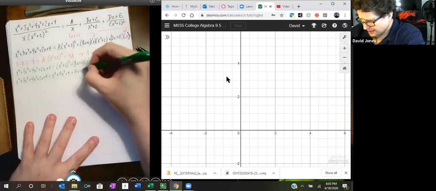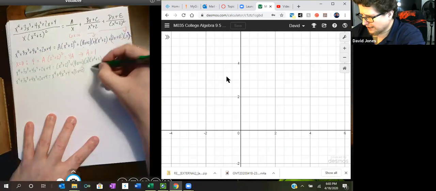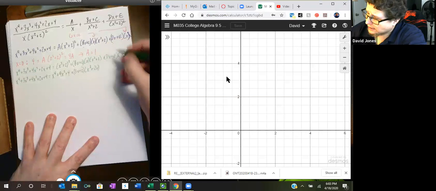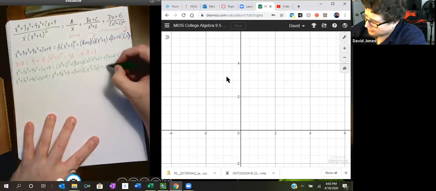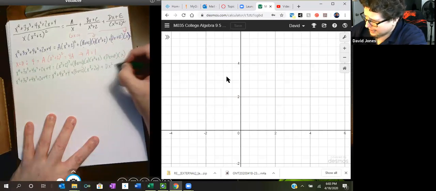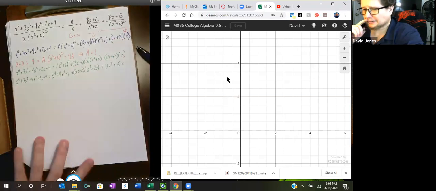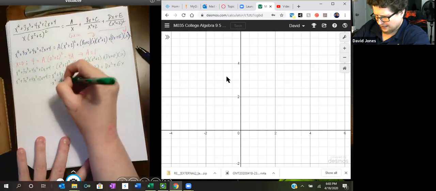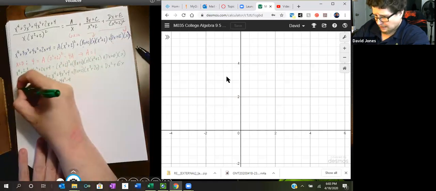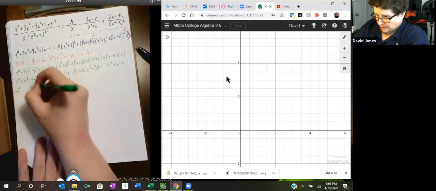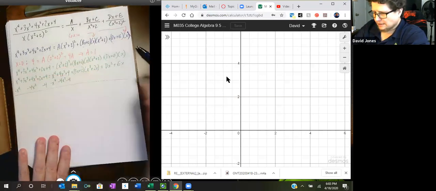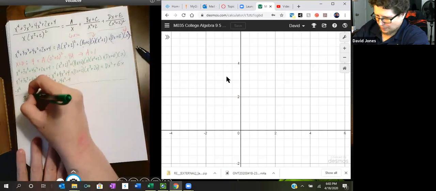I'm going to do this in steps. I'm going to move the x in over here. We've got x cubed plus 2x. Here we got dx squared plus ex. Before I go down, I'm going to subtract this over. Which makes the left side a lot smaller.